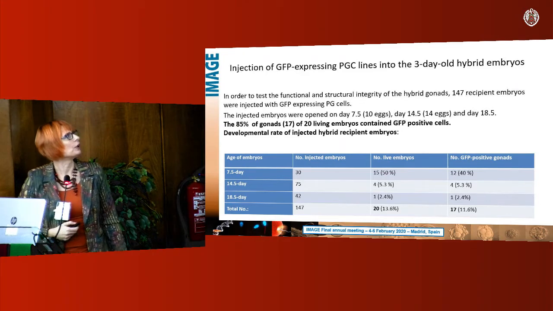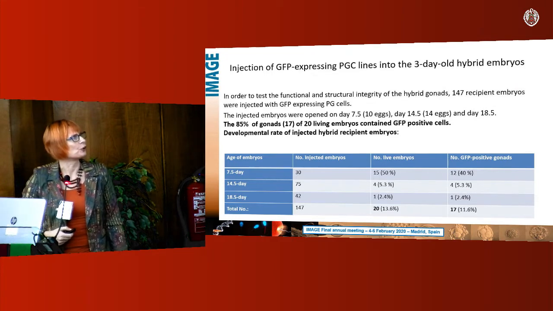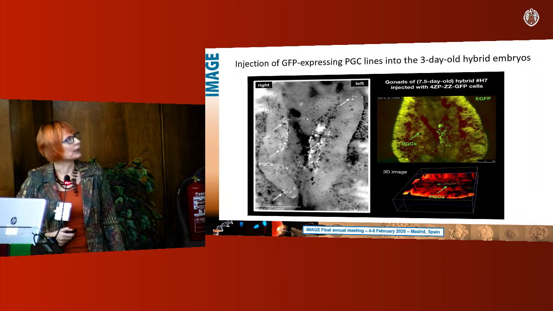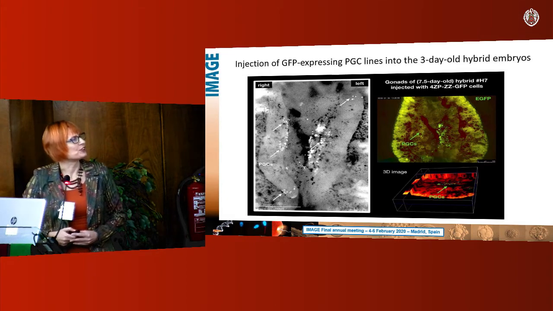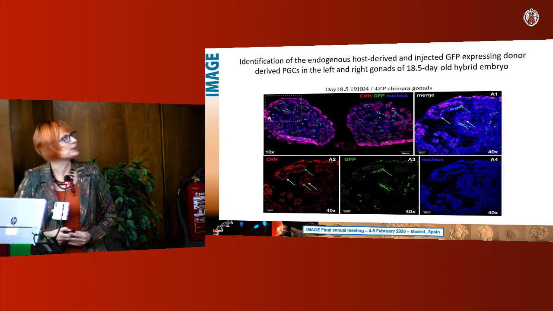We opened the injected embryos at 7.5, 14.5, and 18.5 embryonic days, and 85% of gonads contained GFP-positive cells. Here you can see the PGCs in the developing gonads of a 7.5-day-old embryo. And here you can see the PGCs in the gonad of an 18.5-day-old embryo.